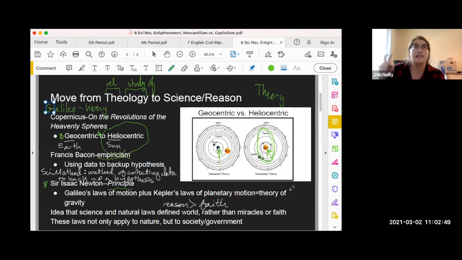It's not just a theory, it is considered a scientific fact because the hypothesis, the argument, has been tested over and over and over again, yielding the same results. So this is going to lead people to believe, hey, if we can figure out science and natural laws, we don't need faith or miracles to explain the world.